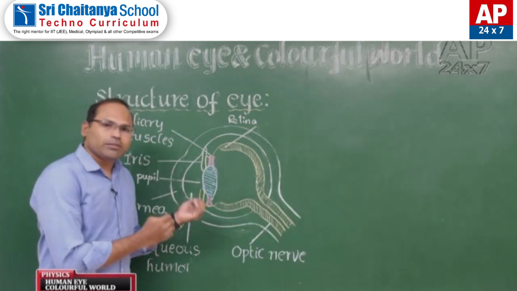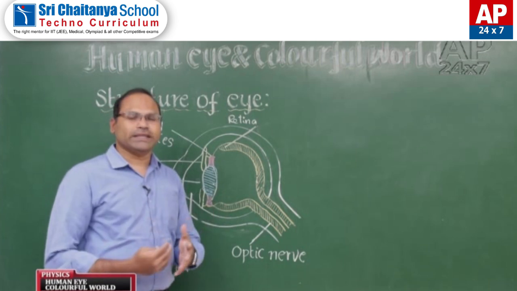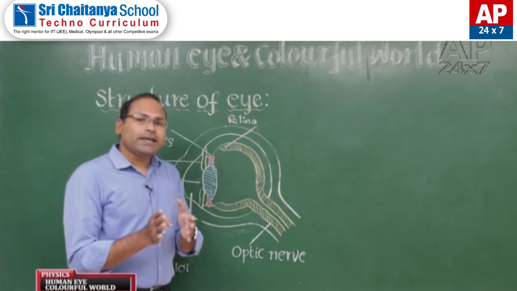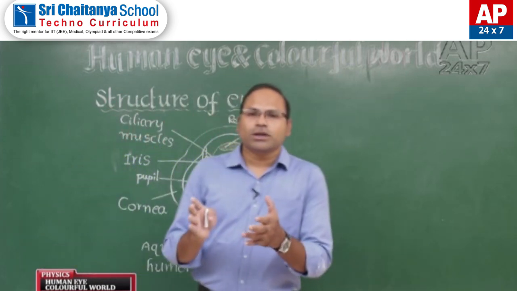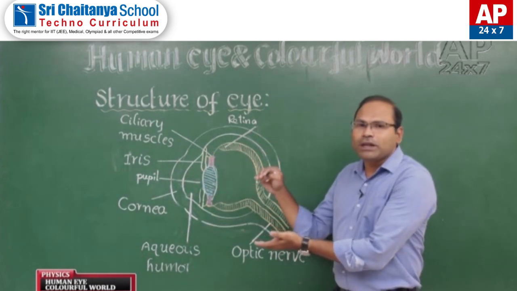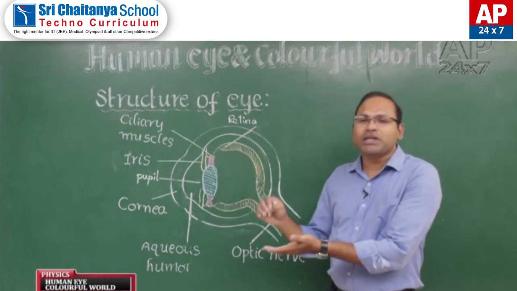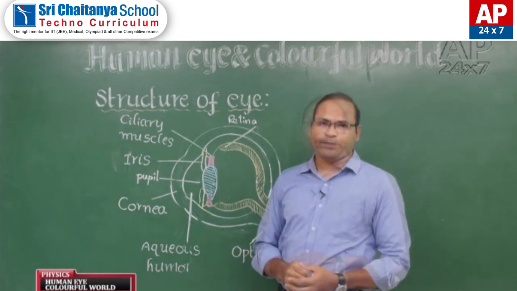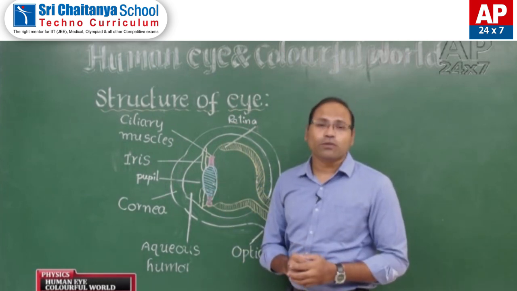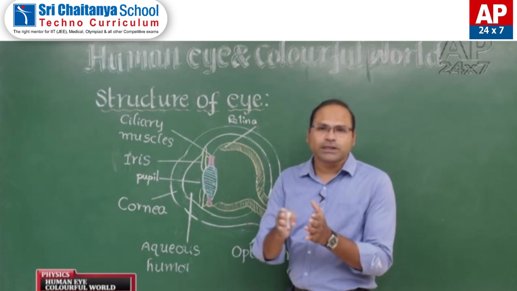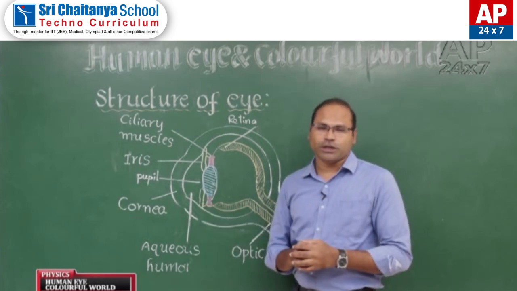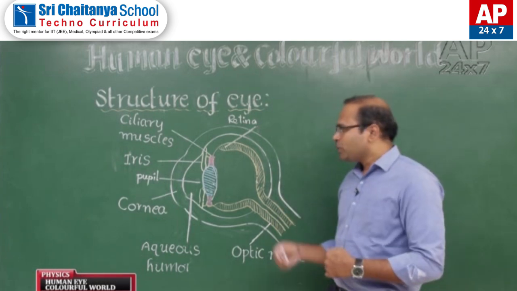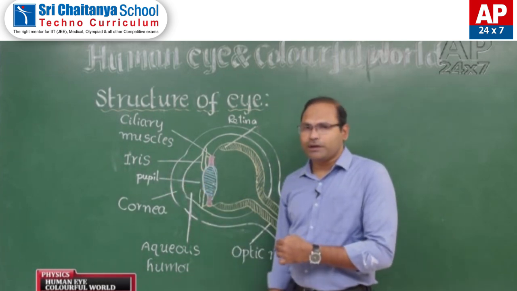Ciliary muscles help us to see objects at any distance, but they cannot diminish the eye lens, that means they cannot reduce the focal length beyond a certain value. Now you would have understood why a minimum distance is required to see any object clearly and comfortably.